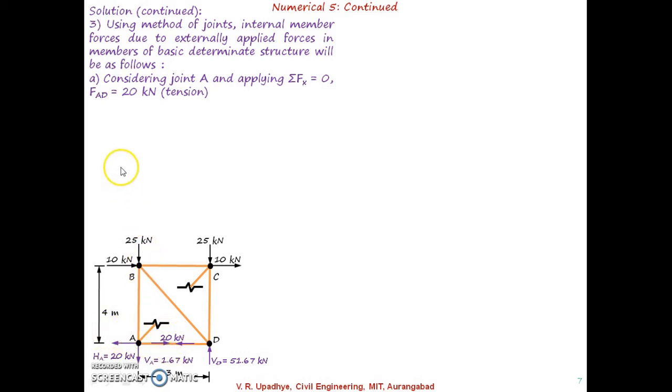So if we go further and apply summation Fy equal to 0 at joint A, then what we will be getting is the member force in member AB, and again that 1.67 kilonewton reaction at joint A is downward. So the force in member AB must be upward at joint A. So that gives us member force AB as 1.67 kilonewton, and again that will be tension.